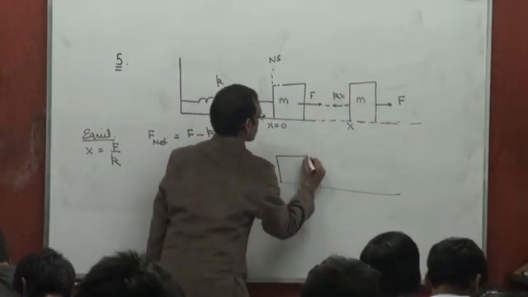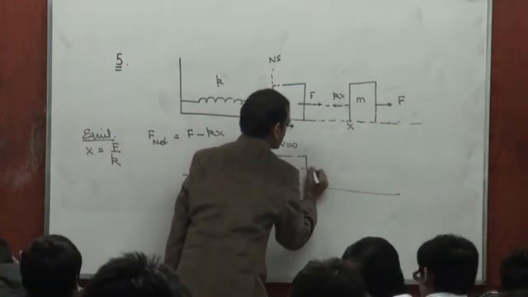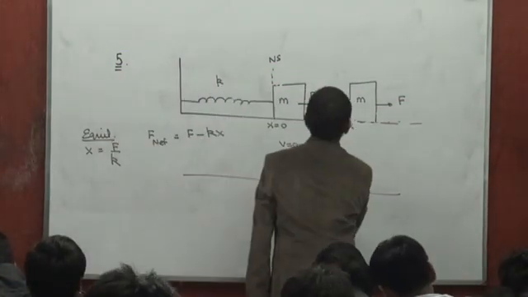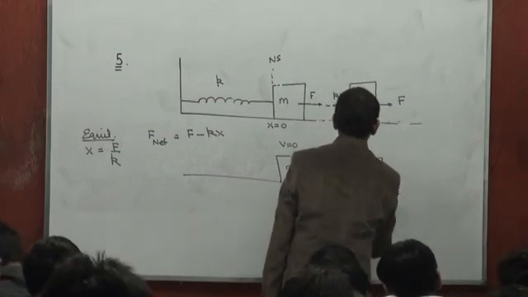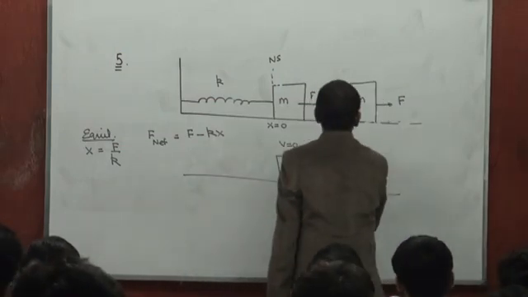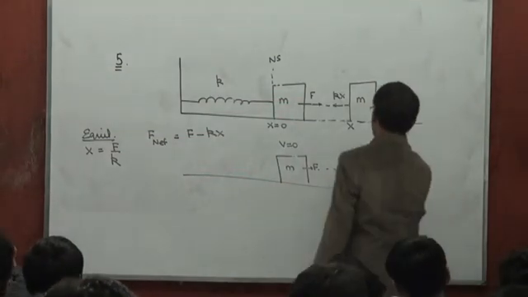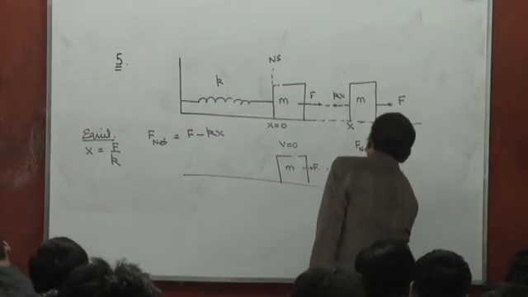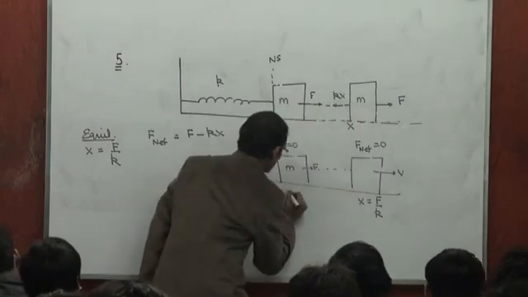So this was one state of the mass where the velocity was 0 and it was being acted upon by a rightward force. And then you arrive at a state where it would have gathered a velocity v, but F net is 0. F net is 0 means x is F by k. This was x equal to 0.